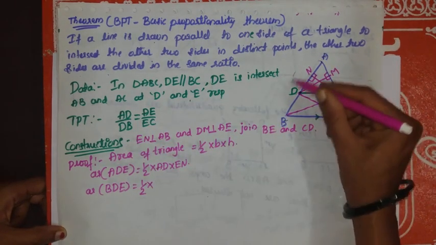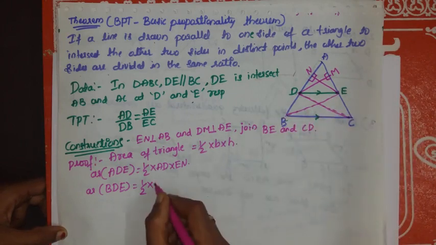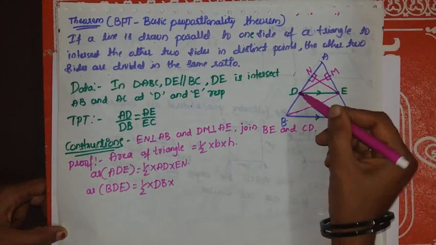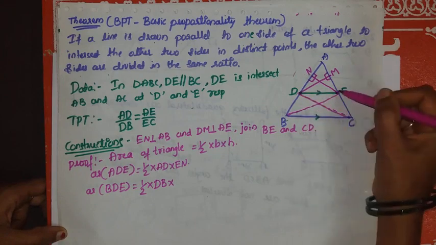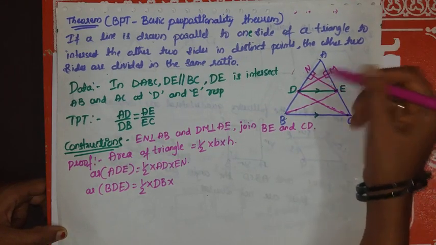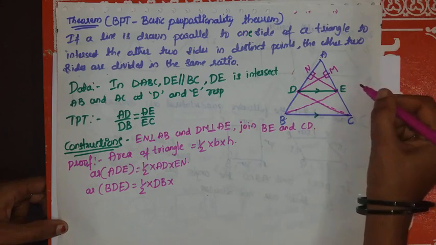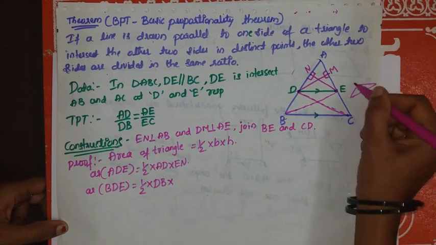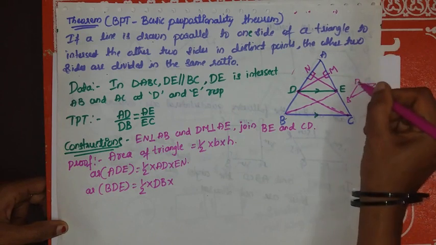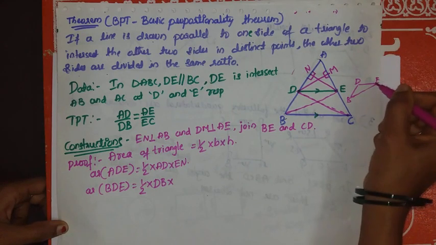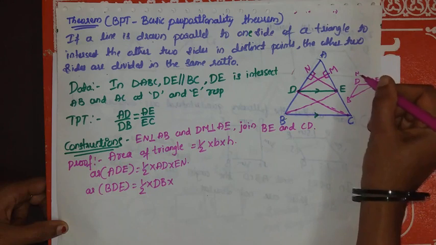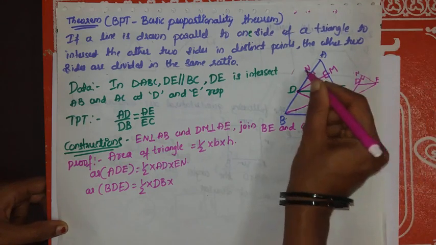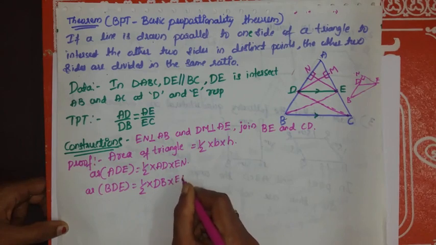The height for this triangle is also EN, because EN is the perpendicular, that is the height.